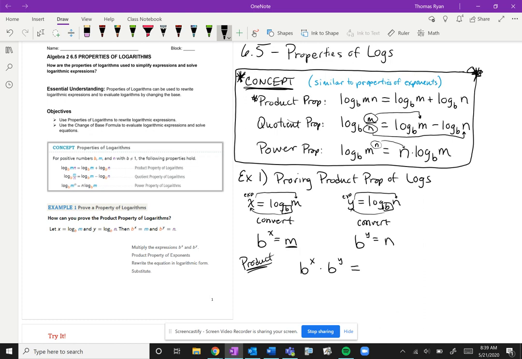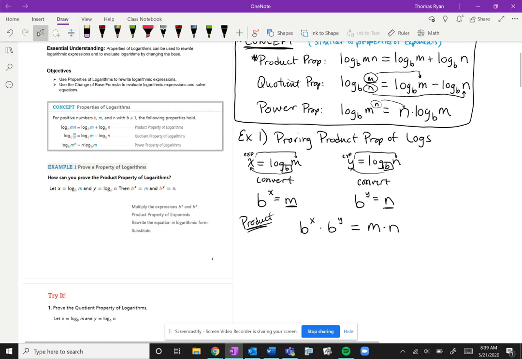And since b to the x equals m and b to the y equals n, then b to the x times b to the y is the same as m times n. Okay, now this is where our properties of exponents come in. When you multiply things with the same base, what do we do? We add their exponents. So b to the x plus y, and that's just equal to, again, m times n.